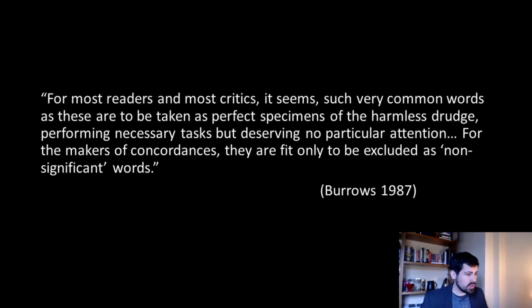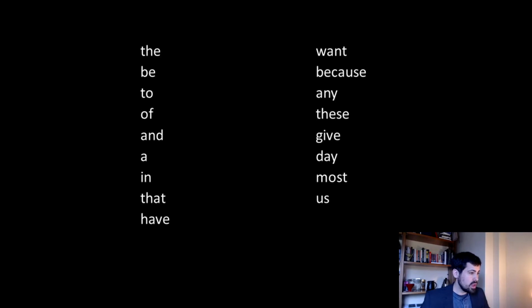So Burroughs goes on to say, for most readers and most critics, it seems very common words such as these are to be taken as perfect specimens of the harmless drudge performing necessary tasks but deserving no particular attention. For the makers of concordances, they are fit only to be excluded as non-significant words, or what I call boring words. So these words here on the screen will almost always be among the most frequent words in an English language text.